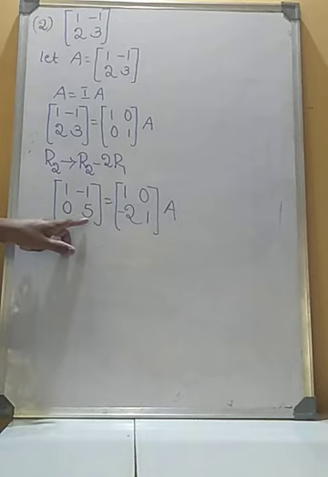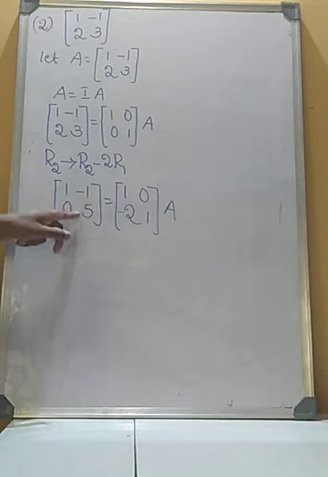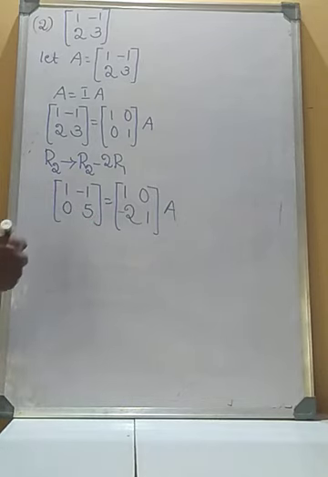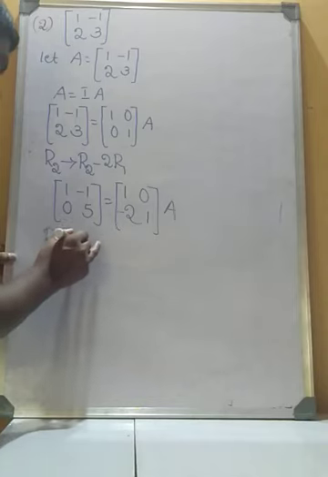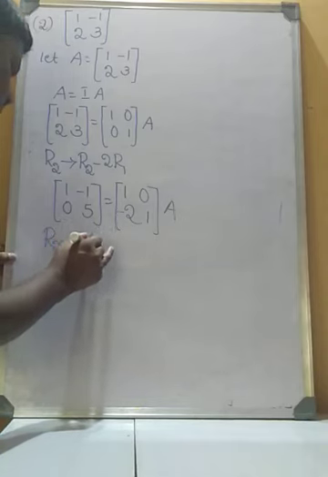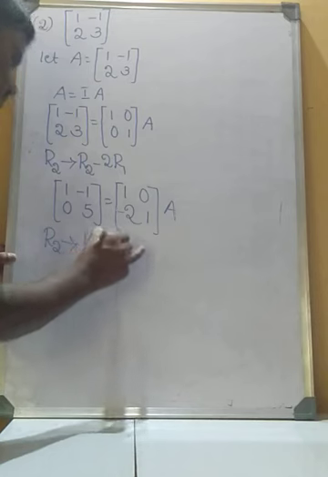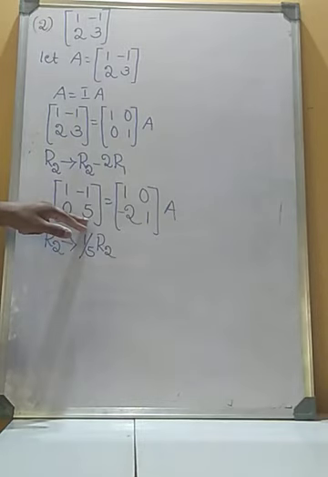The next, second row, second element is 5. So write this in the form of 1. Therefore, again by using the operation, R2 becomes plus 1 by 5 into R2, dividing by 5. 5 gets cancelled by 1.